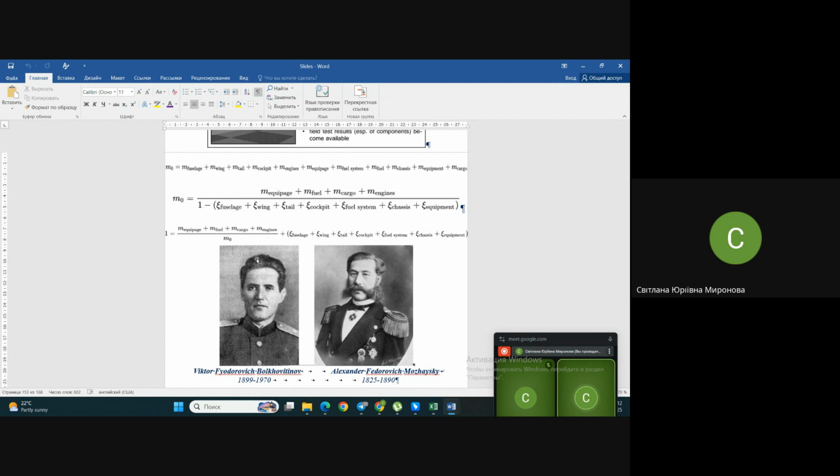These masses consist of, above all, the mass of the structure itself, the weight of equipment, which is specific, let's say, for this airplane, the weight of crew, the weight of engine, the weight of fuel, and the weight of payload itself.